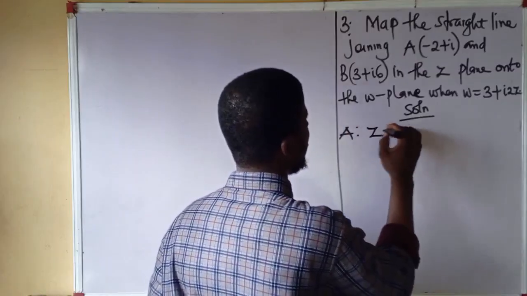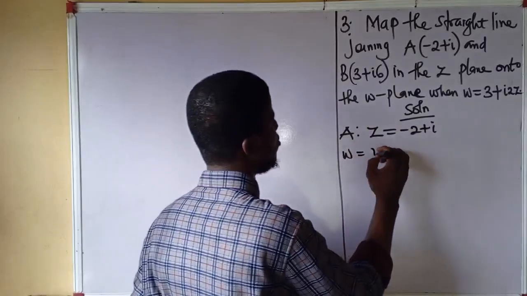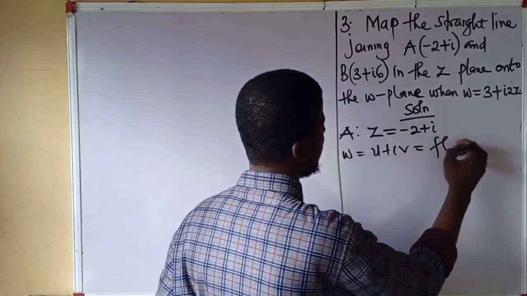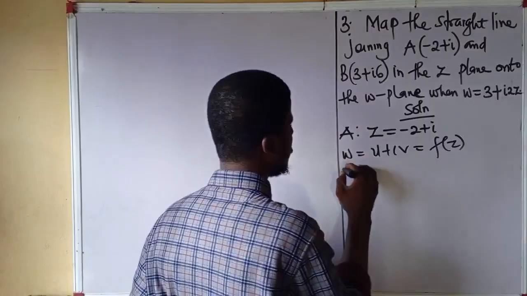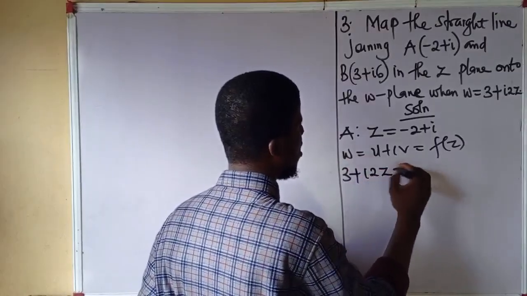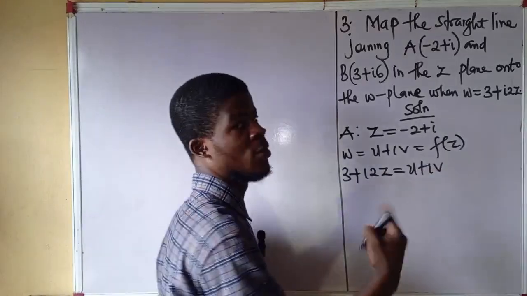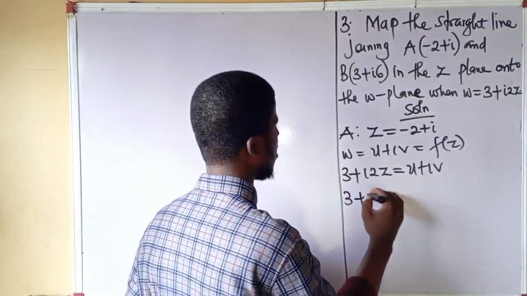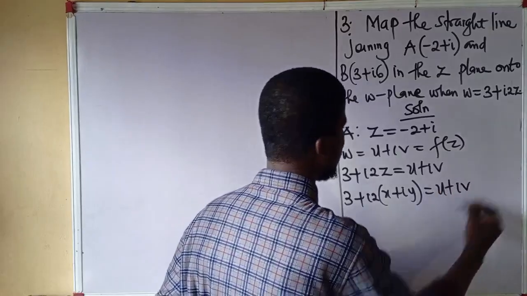A is the point Z equal to minus 2 plus I. W is U plus IV, and this is F of Z as always. W is 3 plus I2Z, and this is U plus IV. Z is X plus IY. So this is 3 plus I2 into X plus IY equal to U plus IV.